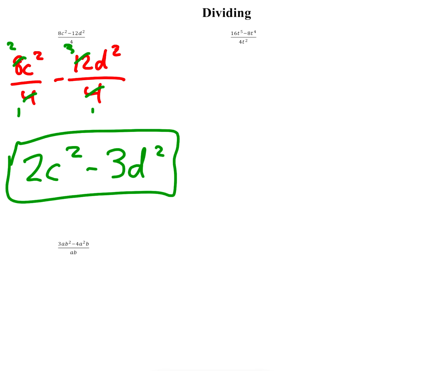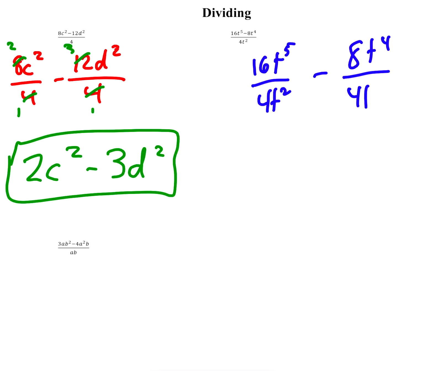So this next one, I'm going to do the same exact thing. I'm going to split this up into two fractions. So that'll be 16t to the 5th over 4t squared minus 8t to the 4th over 4t squared. Now I can simplify 16 and 4, that becomes 4 and 1. 8 and 4, that becomes 2 and 1.